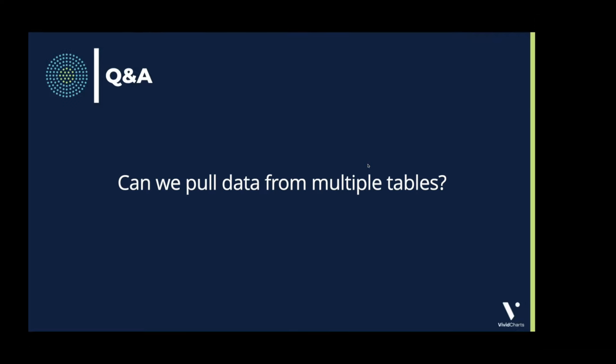Here's another one. Can we pull data from multiple tables? Mitch, that might be a good one for you to address. Yeah, so we can definitely do that. There's a couple of ways to do that. The first one I'll go to is we have full control over how the data is collected, and you as a customer have that control as well. That's a little more on the pro code side, but you can pull data just using ServiceNow APIs like Glide Aggregate, Glide Record to get that data and put it into a single visual.